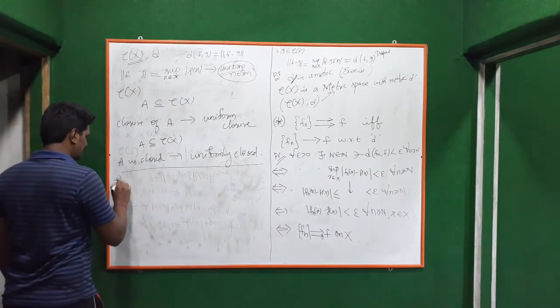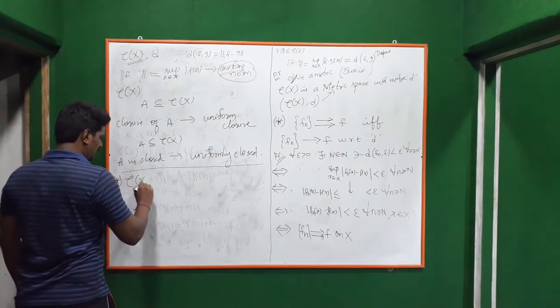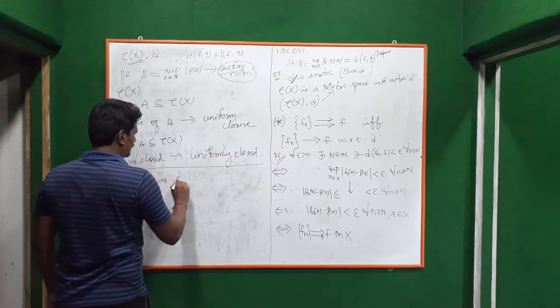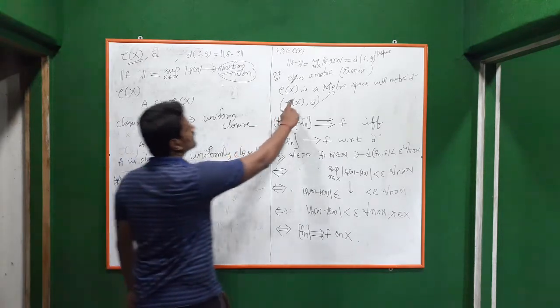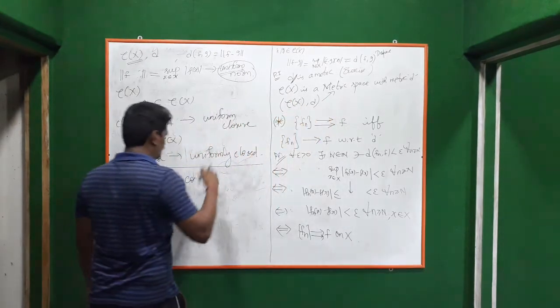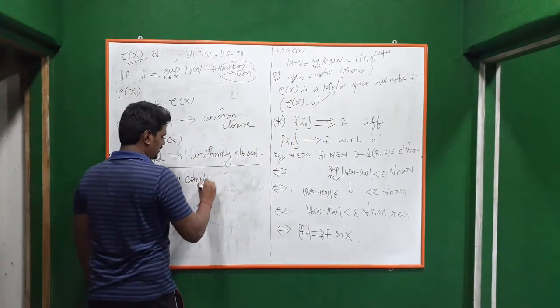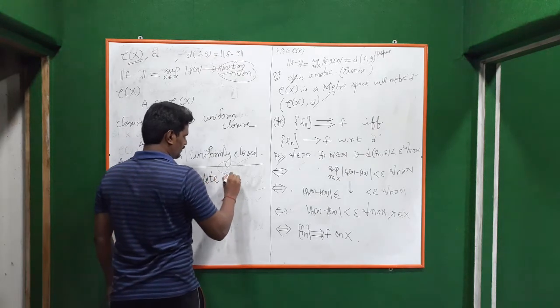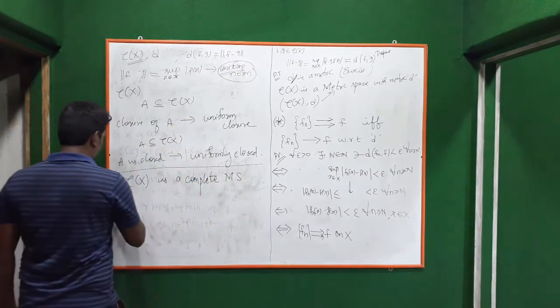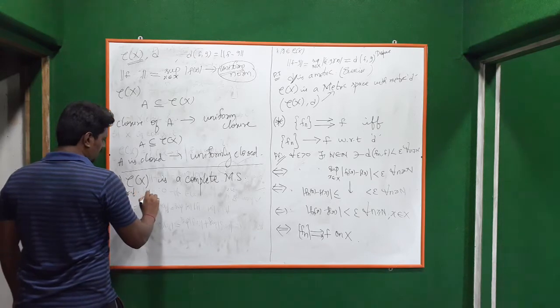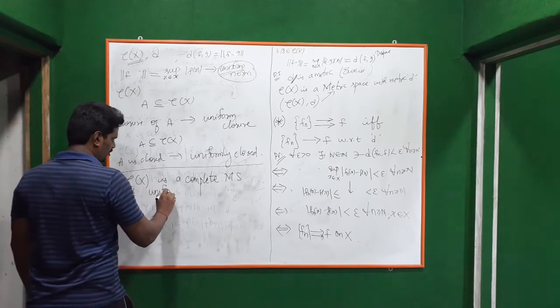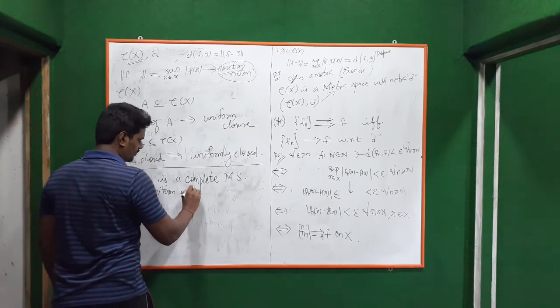And there is another result. We have seen that C of X is a metric space. Moreover, this is a complete metric space with respect to the uniform norm, the uniform metric.